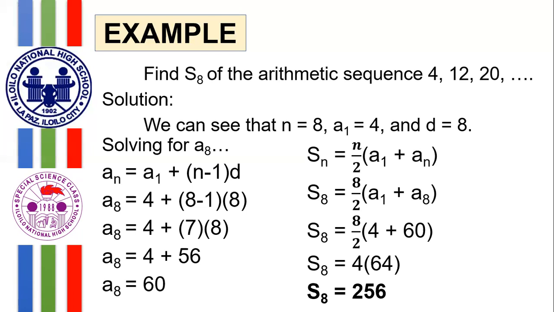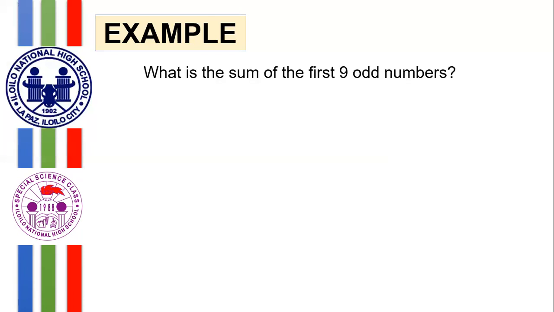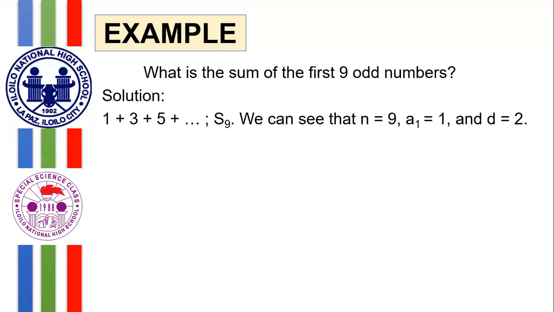Okay, I hope you're doing well so far. Now, let's have another example. What is the sum of the first 9 odd numbers? For this case, we will let odd numbers be positive. So we know that we have the series 1 plus 3 plus 5 plus dot dot dot.